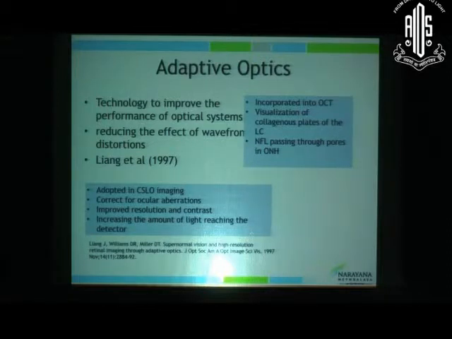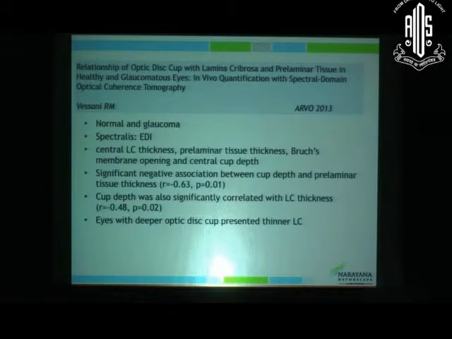Many of them are still prototype models that are not commercially available. You can actually visualize the collagenous plates of the lamina cribrosa, and you can see the NFL passing through the pores in the optic nerve head. The idea is to correct the ocular aberrations that would prevent you from seeing the structures in more detail, to increase the amount of light that reaches the detector, and obviously to improve the resolution and the contrast.